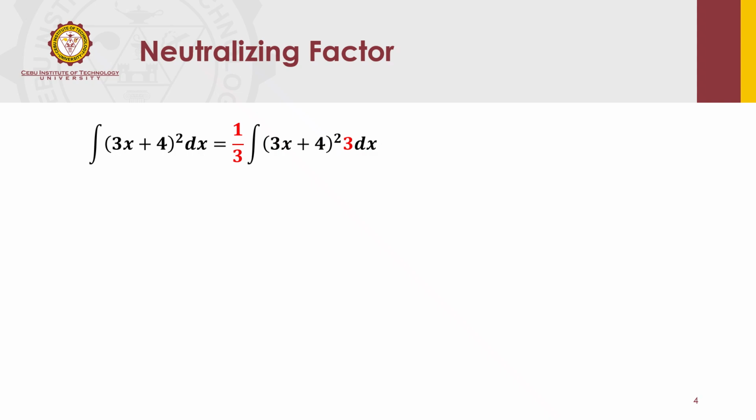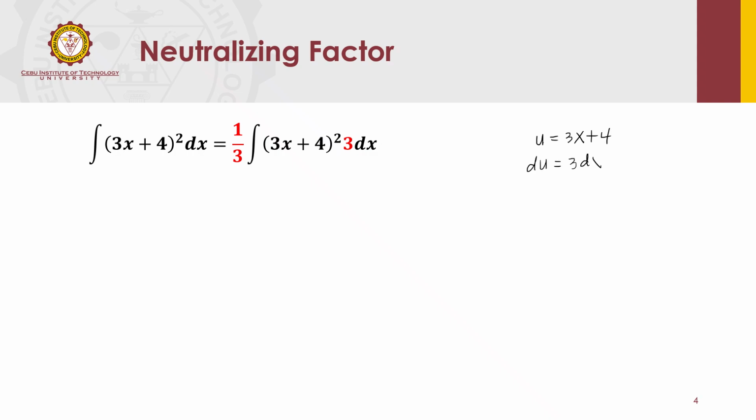So there's another way of writing the expressions, by first not transforming the functions of x and the dx to functions of u and du, using the concept now called the neutralizing factor. Earlier we showed that if we let 3x + 4 be our u, then du is 3 times dx.